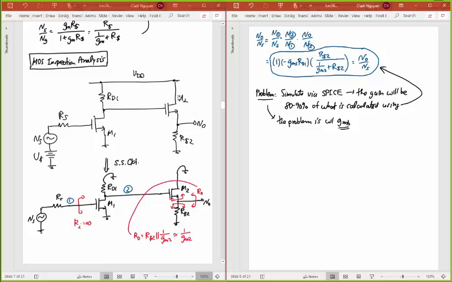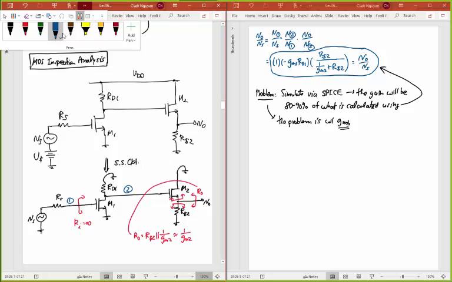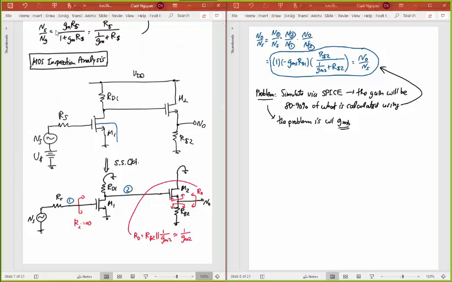Usually what happens is you tie the VBS, or you tie the bulk voltage, I guess this is already blue, to ground. And so that's what you're doing to this transistor here. And you're doing the same thing to this transistor, going all the way down to ground. For M1, no issue. Right? Still VBS is 0.